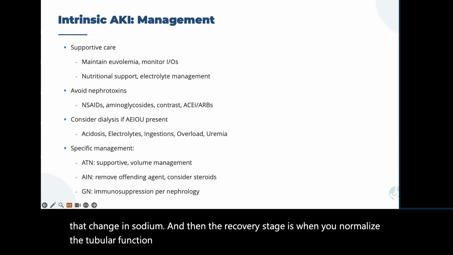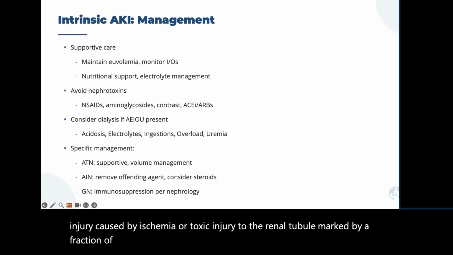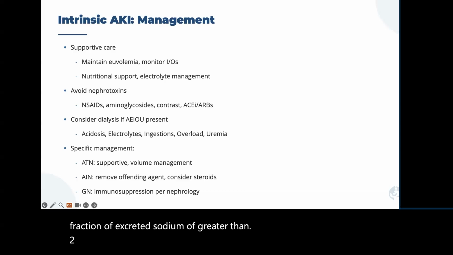Acute tubular necrosis is an intrinsic acute kidney injury caused by ischemia or toxic injury to the renal tubule, marked by a fraction of excreted sodium of greater than 2%, isosthenuria, and muddy brown casts.